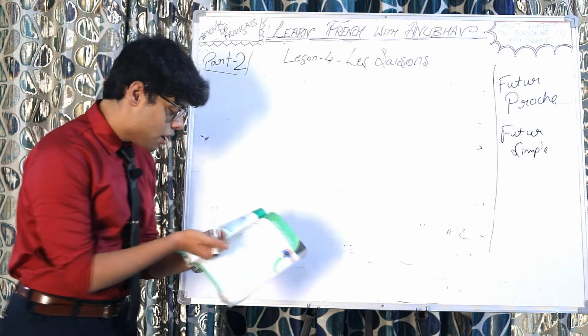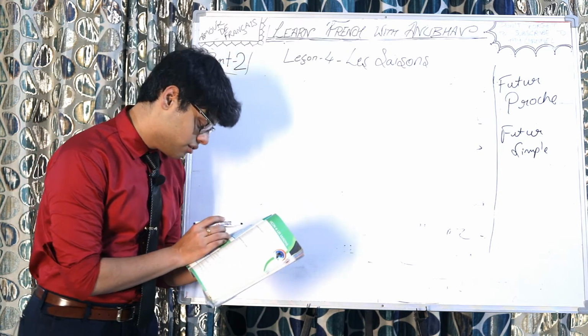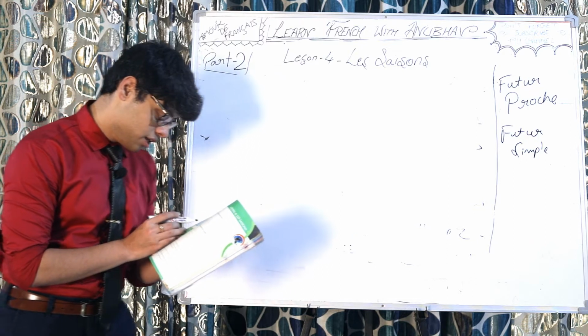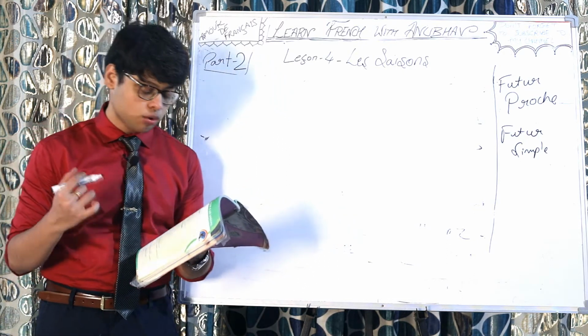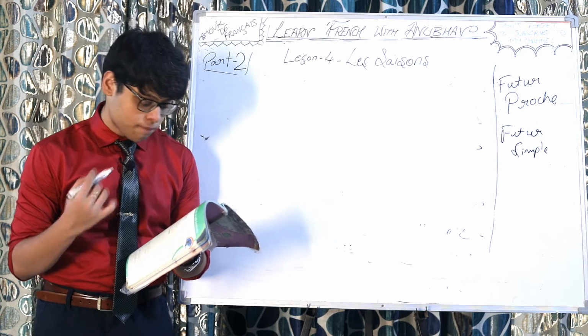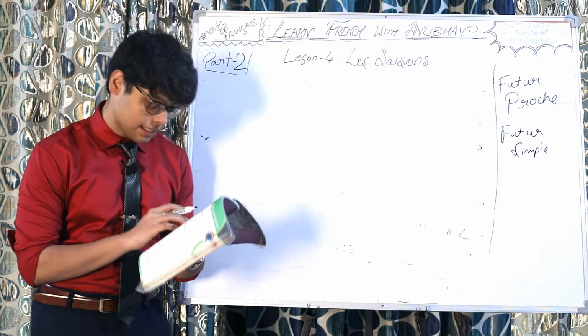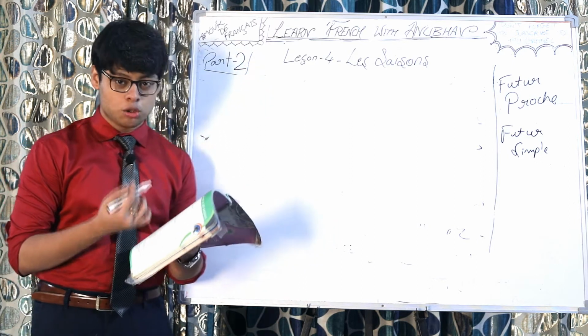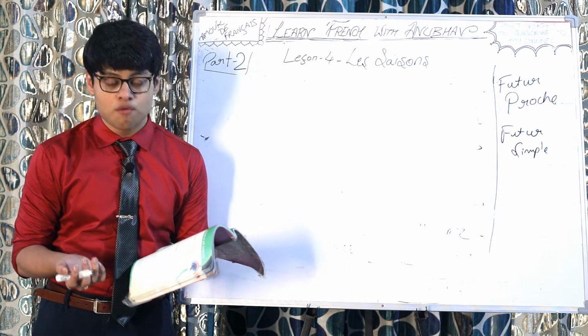Okay, now we have attention, les verbes irréguliers. So we have avoir, être, faire, voir, aller, venir, devoir, savoir, pouvoir, vouloir. Avoir means to have, être to be, faire to do, voir to see, aller to go, venir to come, devoir to be must, savoir to know, pouvoir to be able to or to can, and vouloir means to want.